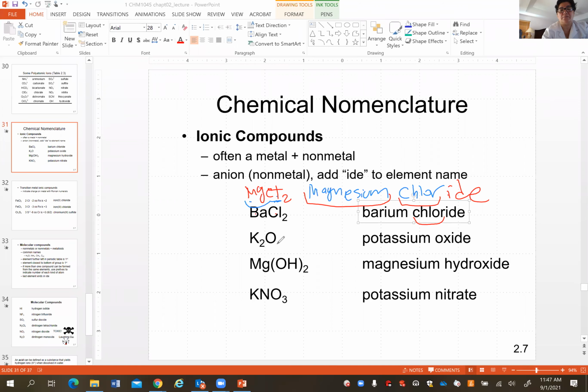All binary compounds end with IDE. Barium chloride, magnesium chloride, potassium oxide, sodium bromide, aluminum fluoride. That also ends with IDE.